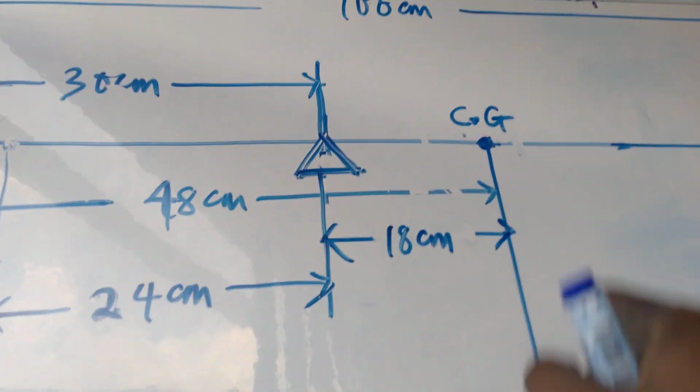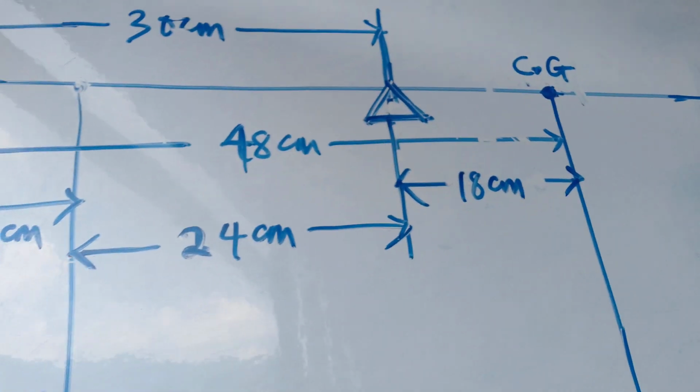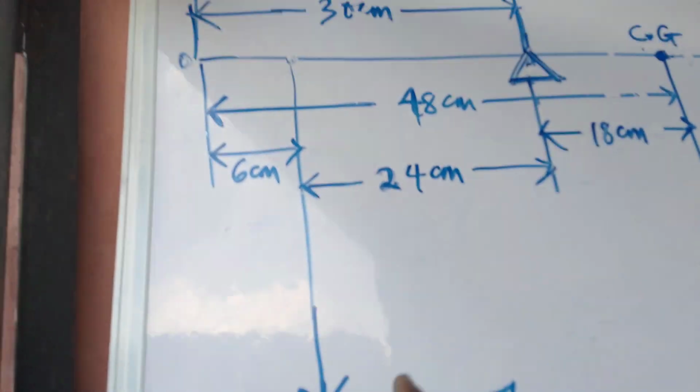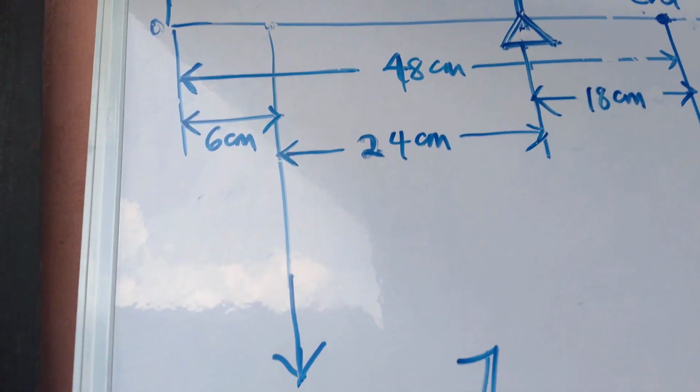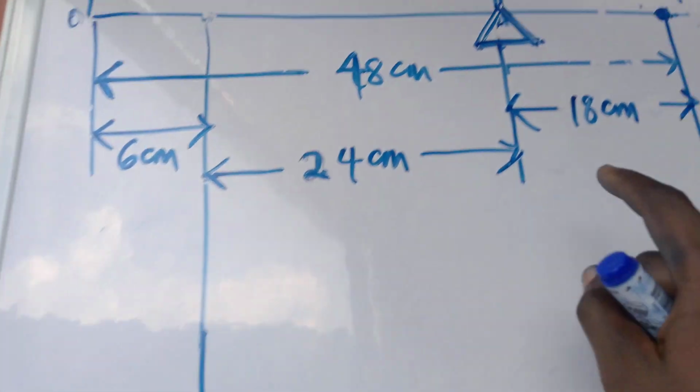That is this one times perpendicular distance 18 cm, and this times perpendicular distance 24 cm. So we are taking moment with respect to these pivots.